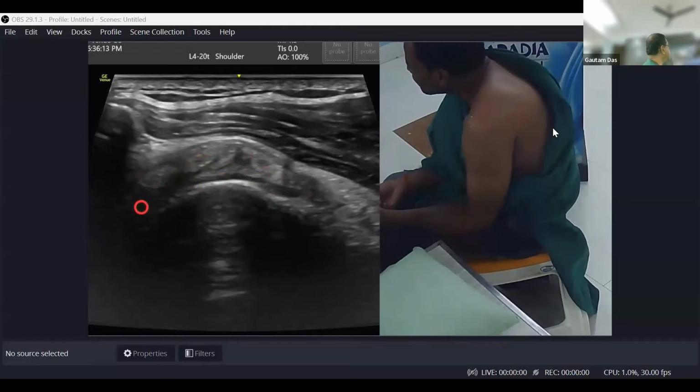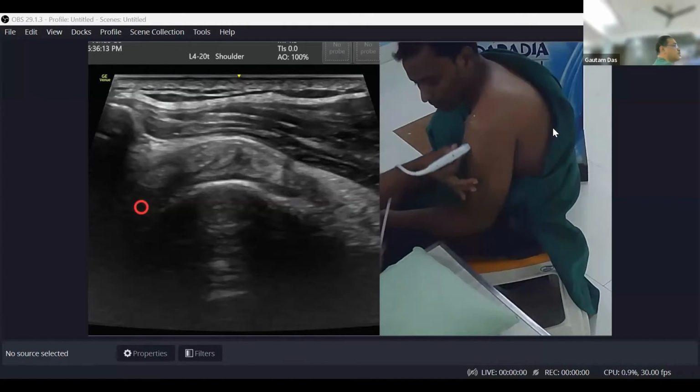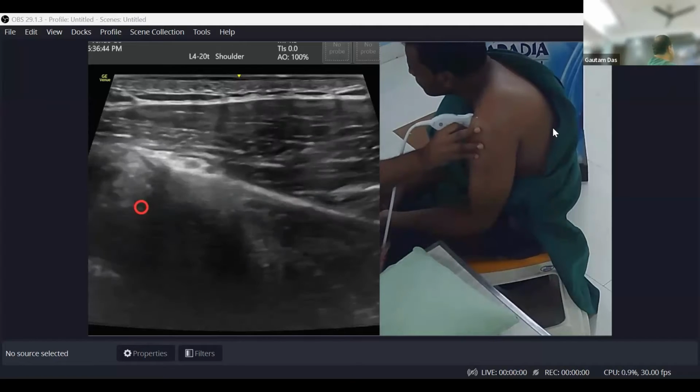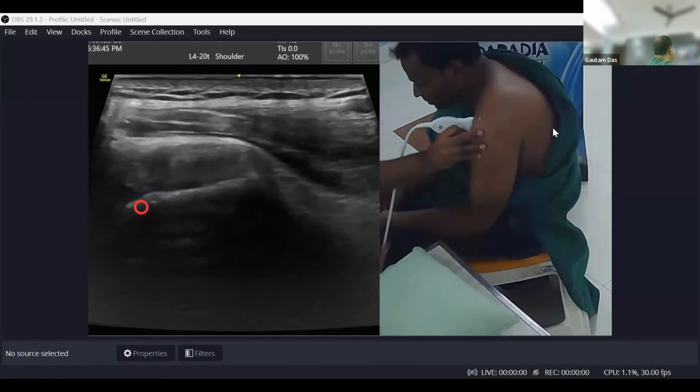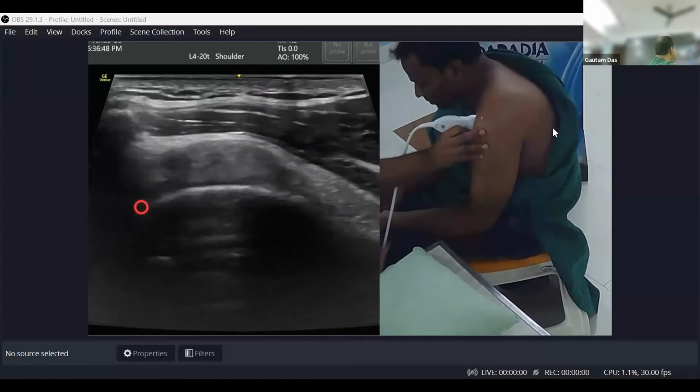Don't think that this is pathological, because here we have to understand that it is your multipinnate appearance. Because of its multipinnate appearance, it might be looking like that, but that is not pathological. So the short axis of the subscapularis muscle will be looking like that.